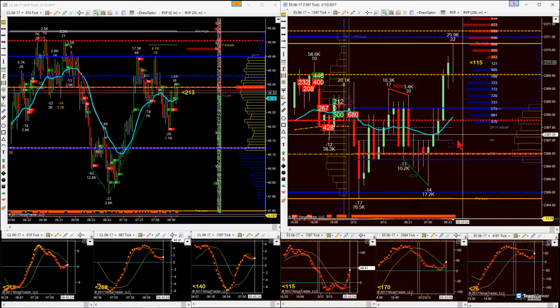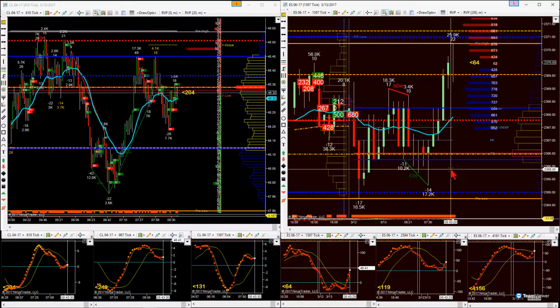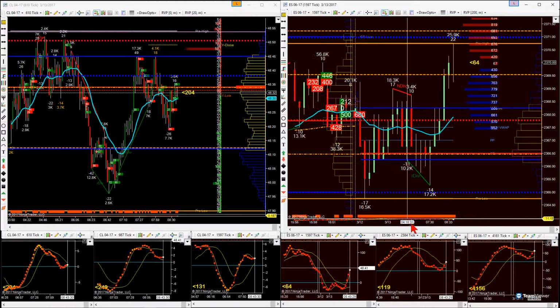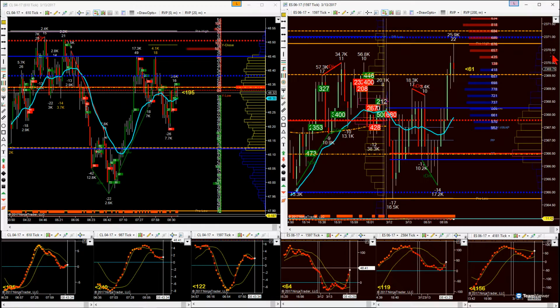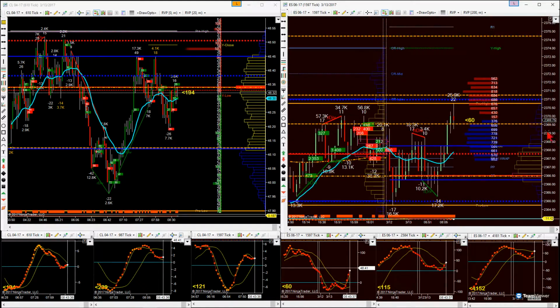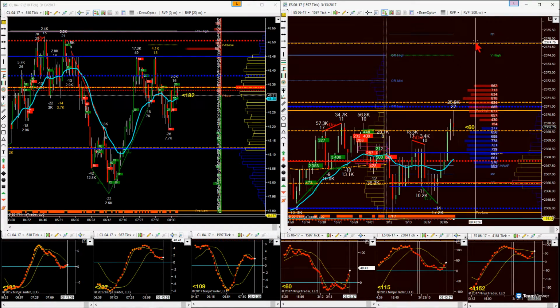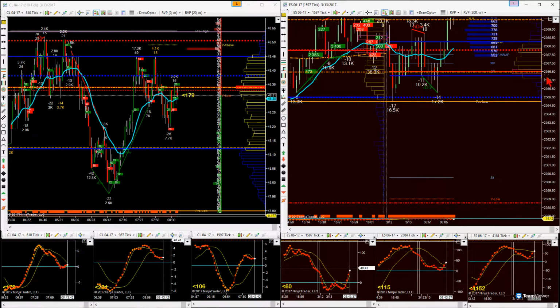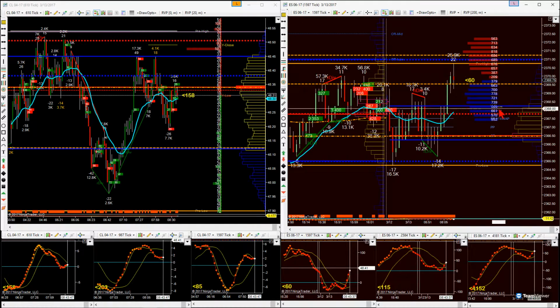Just take a quick peek here. So Friday. Oh, I see. I'm not showing. Oh, there we go. Okay, so there's the high from Friday. There's the low from Friday.